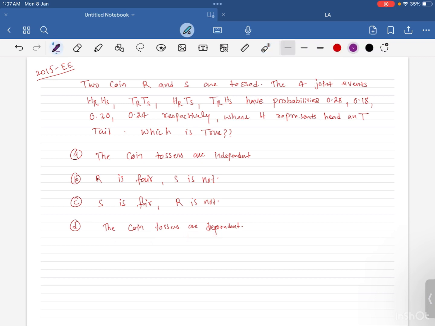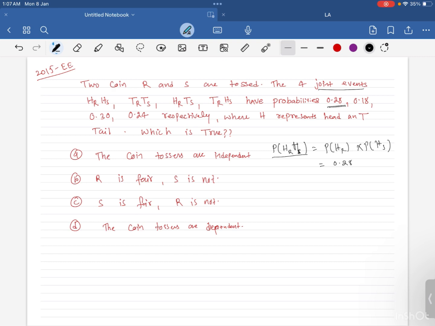Right, so we are given these joint probabilities, right? So if it is independent, that means the probability of head on R and head on S would be equal to the probability of head on R into the probability of head on S. That would be equal to 0.28, right? Because this probability is given.